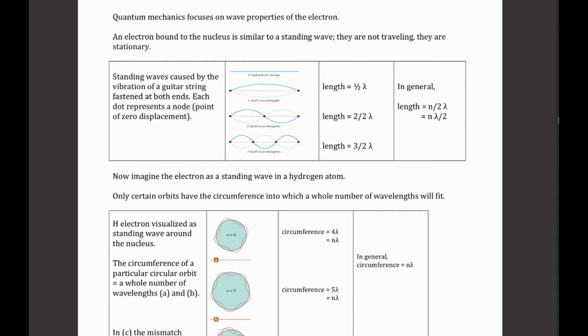If we pluck it closer to a node, like at this third or a sixth of the length, we end up with 3/2 wavelengths, or the length is equal to 3/2 lambda. Notice in general that the length is equal to n/2 lambda, where n goes from 1 to 2 to 3 and so on, an integer.